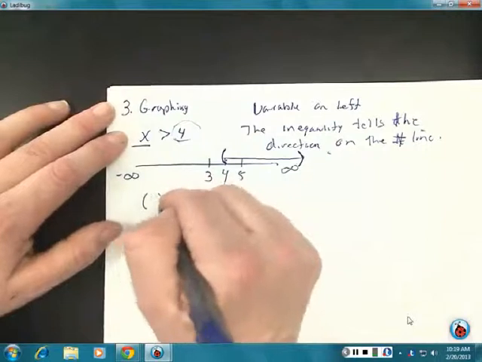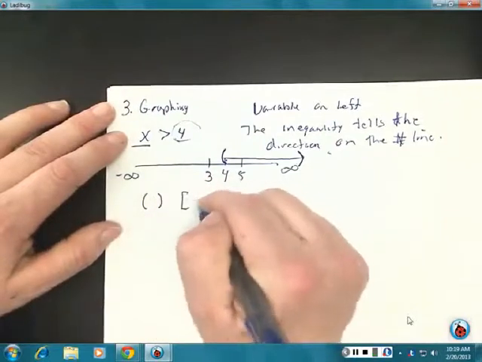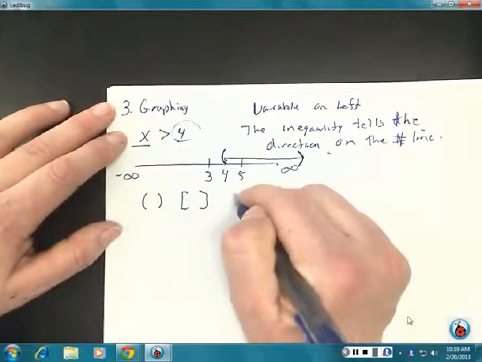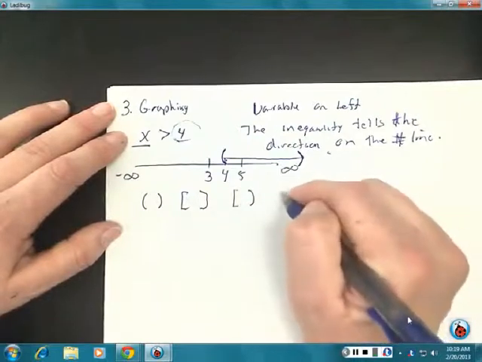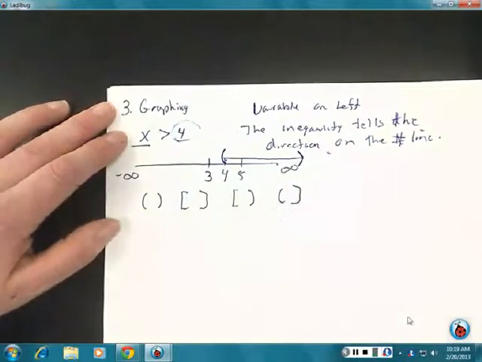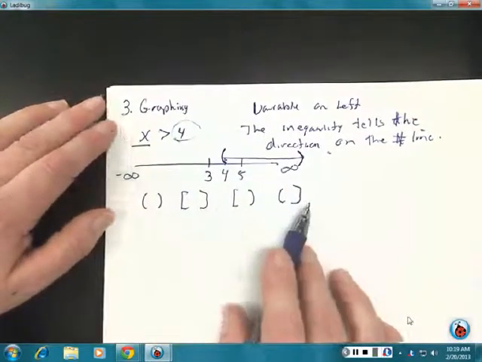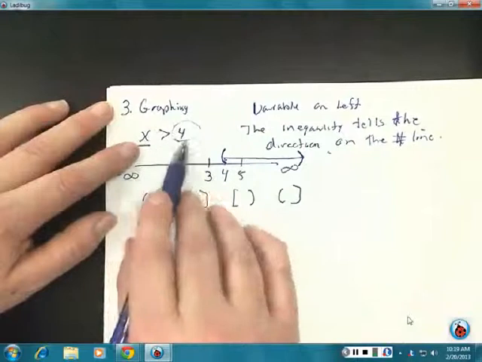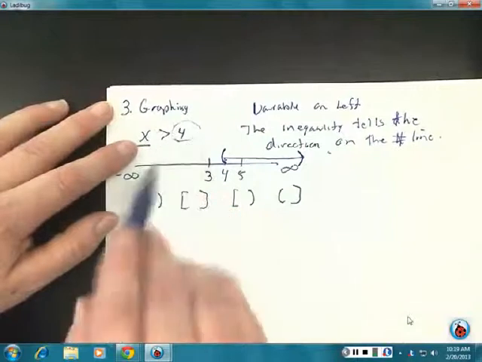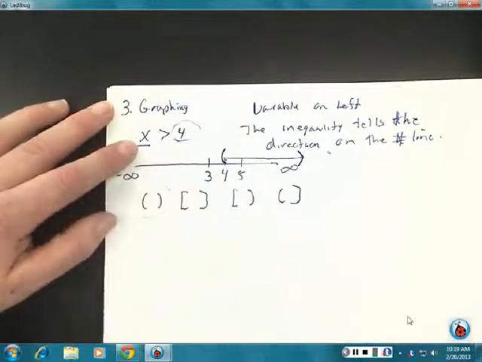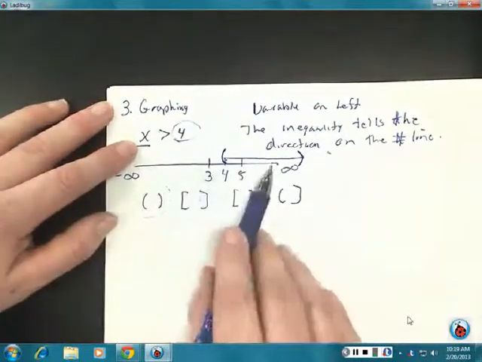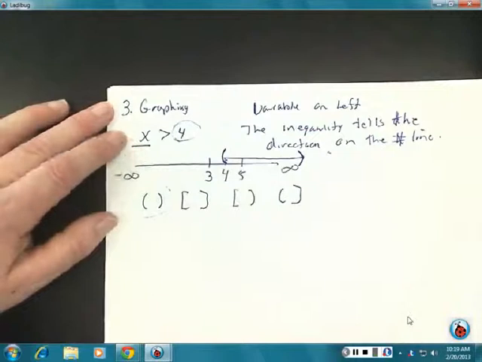It will give you parentheses, brackets, a bracket and a parenthesis, and a parenthesis and a bracket, and you need to choose which one you have. Because this is open at the tail end because it never ends, and it's open at the beginning because it's not at 4, I would click on parentheses and it will put those on your number line for you. Okay. And then you'll see your distance.